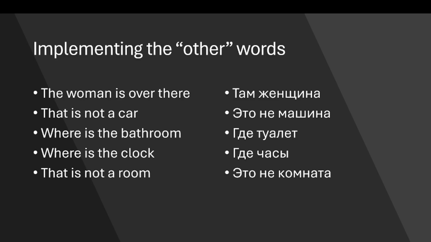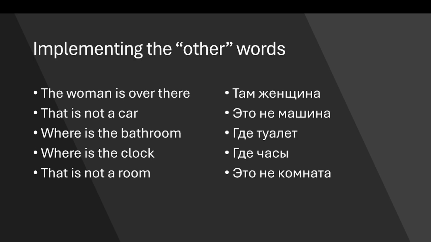I might not even say that in English. A woman is over there. Там женщина. There is a woman over there. The woman is over there. Там женщина. It's all the same.